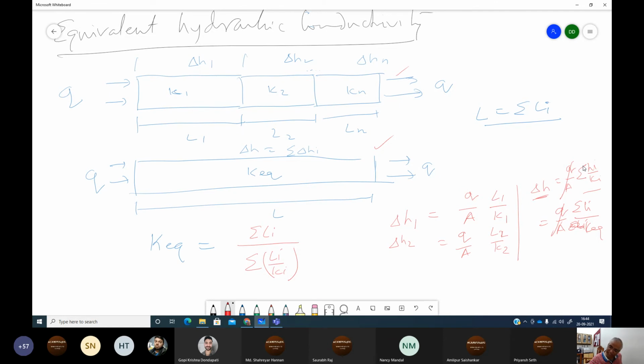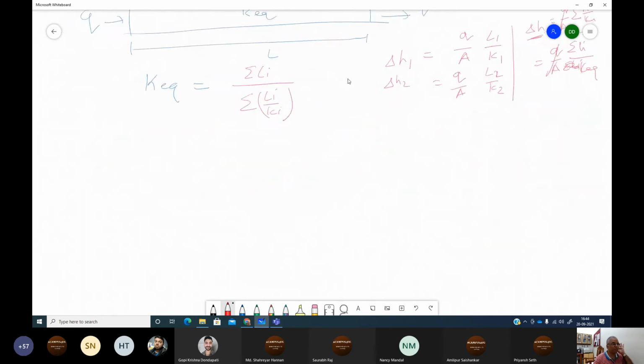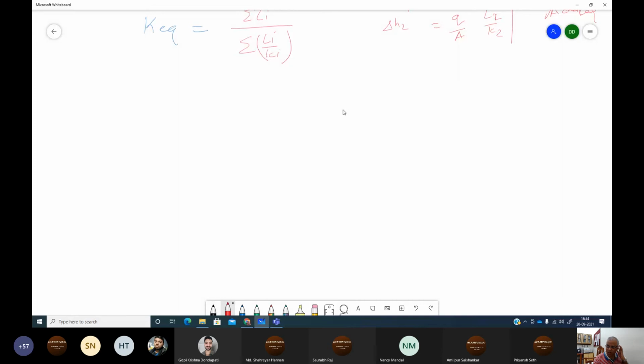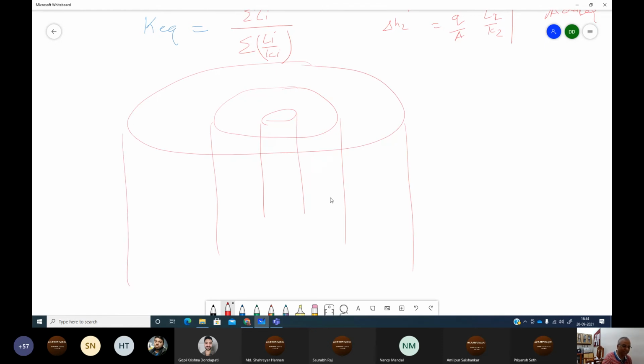For the radial one, what will that be? Now, the drawing is a bit difficult, so let me draw it for you. It's a very unusual deposit, it never deposits like this. If the rock layers are like that, this is one rock layer, this is another one, then maybe another one like this.